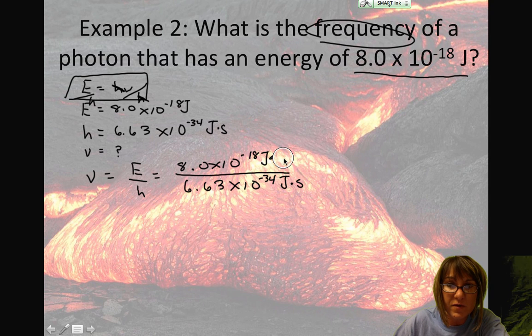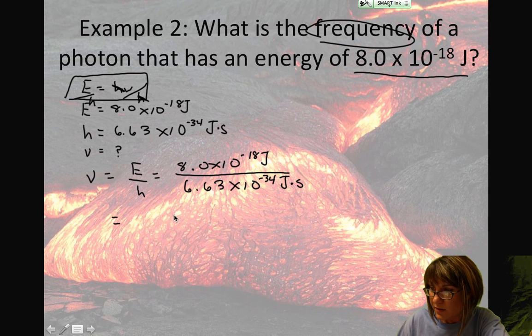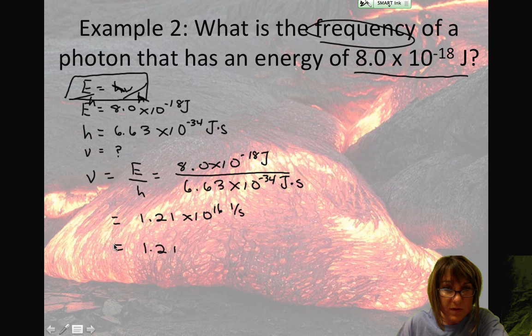All right, time for the calculator. Remember to use the E button to do scientific notation. And I got 1.21 times 10 to the 16 per second, which is to say 1.21 times 10 to the 16 hertz. That's my frequency.